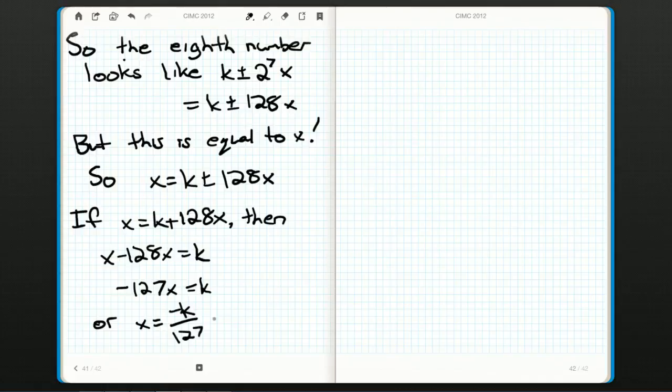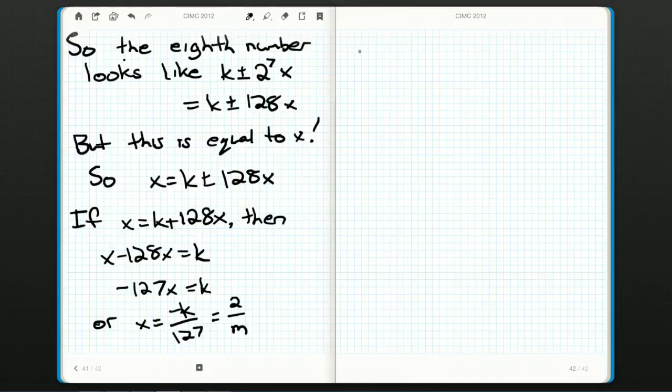But we know x is supposed to look like 2 over m. Okay? So 2 over m is what we're looking for. So we have two different fractional expressions. We could try and figure out what m might be in terms of k if there are ratios here. So let's do that.